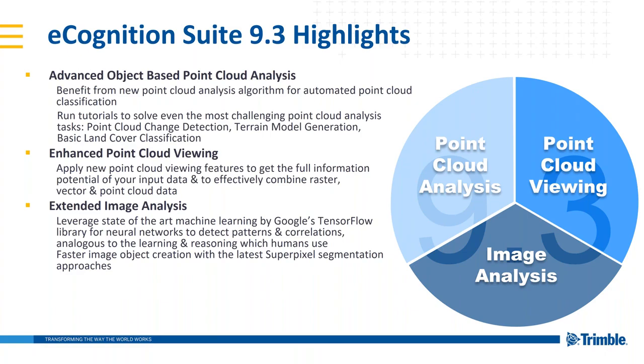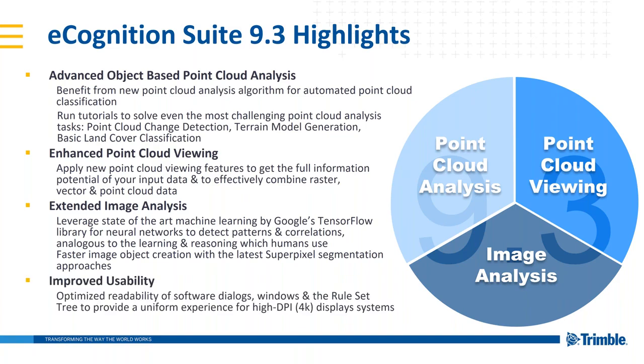In addition, something that sometimes gets overshadowed by the deep learning aspects, but is also very interesting, are techniques that have been introduced into version 9.3 as new segmentation algorithms. These reflect the latest superpixel segmentation approaches and are also worth investigating when you have a chance.